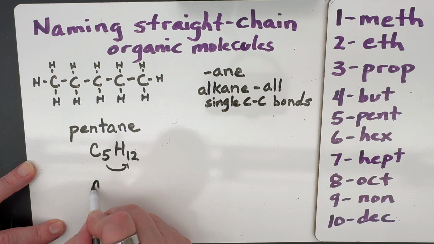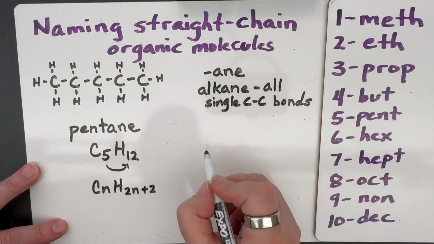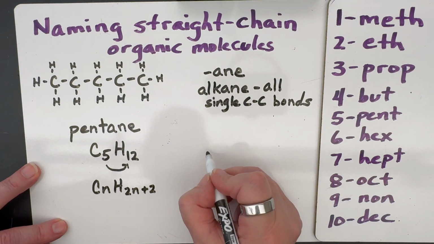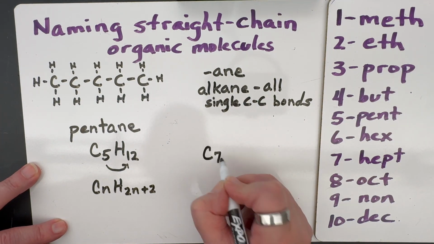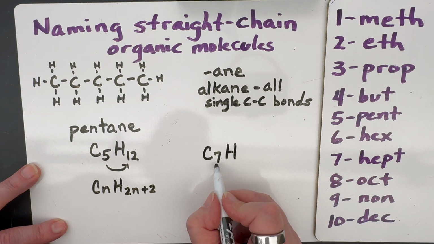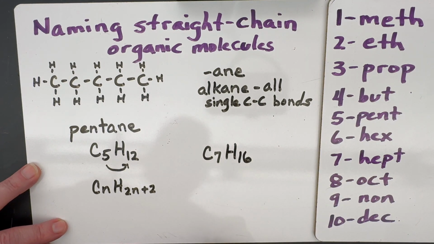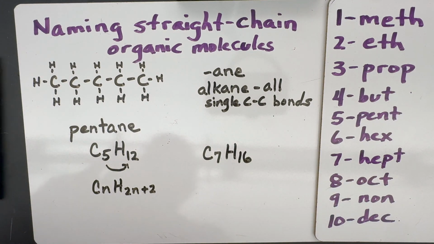So if we have n number of carbons, your hydrogens will be 2n plus 2. So for example, if we had an alkane with 7 carbons, our hydrogens would be 2 times 7 is 14, plus 2, 16 hydrogens. And that's called the chemical formula.